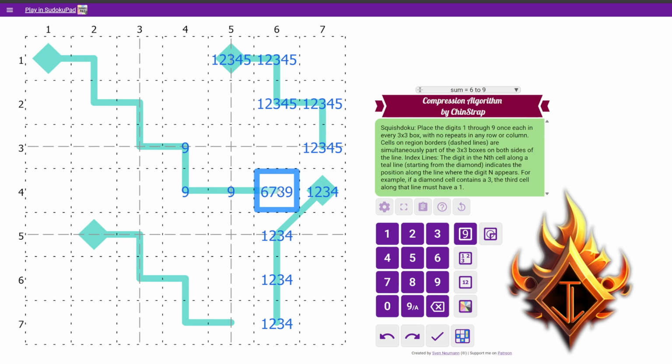Because like I said, 9 could be there, and then these higher numbers could be way down here. It does limit to 9 though, but I guess that's it.